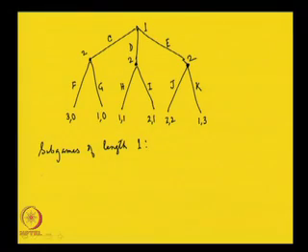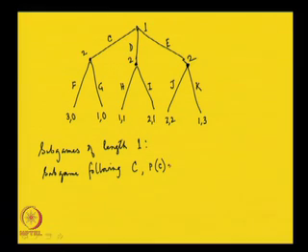So, the subgame following C, if the history is C, then I have a subgame, and the player function is telling me that this is player 2 who is going to move.